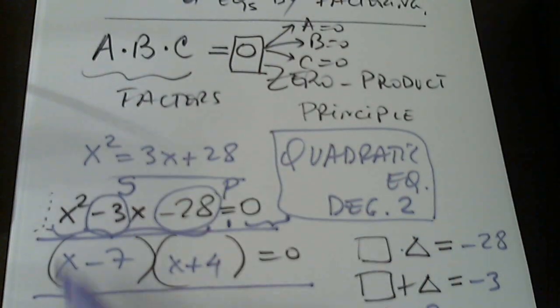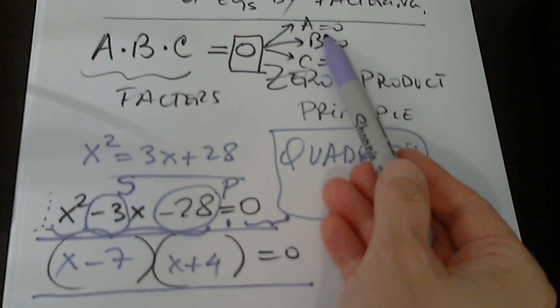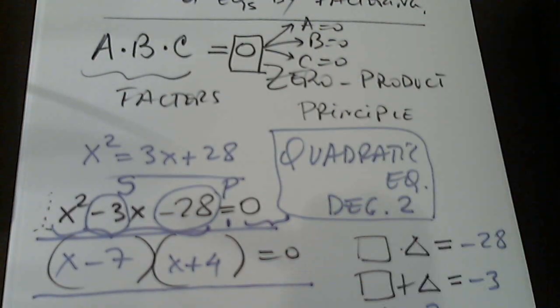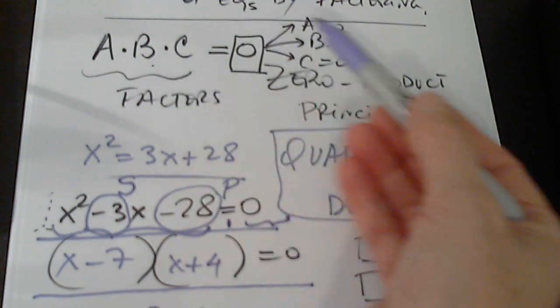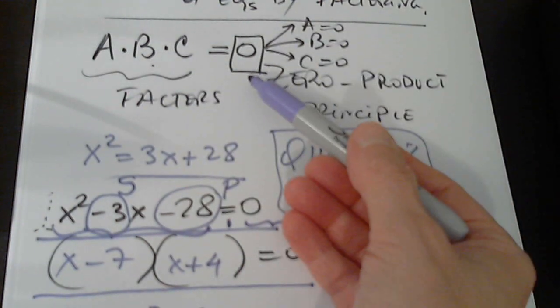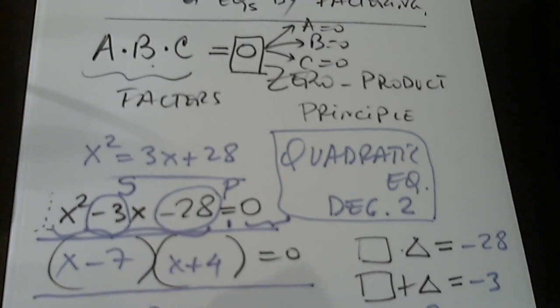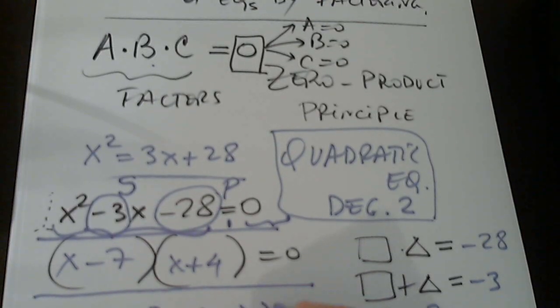Now, the first factor is x minus 7. I have to set it equal to 0 according to the principle. The second factor, I have to set it equal to 0 according to the principle. So from here, I get the first solution. From here, I get the second solution. Can anyone give us those two solutions so we can move on? x equals 7, x equals negative 4.